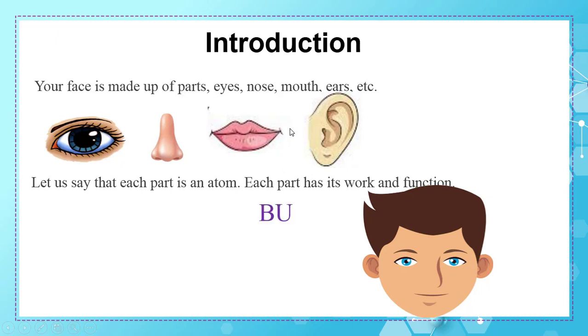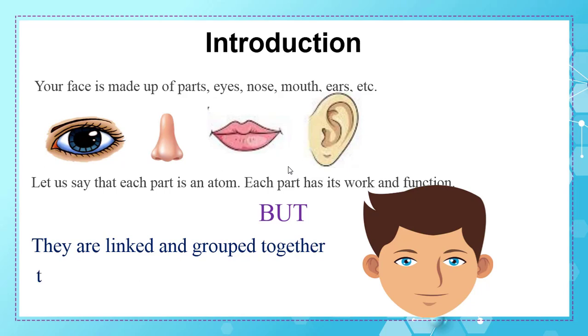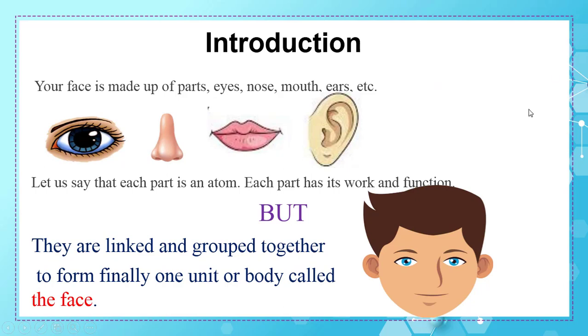But they are linked and grouped together to form finally one unit or body called the face. So, as you see in the figure, they are all grouped to make one unit that works together, one body called the face.